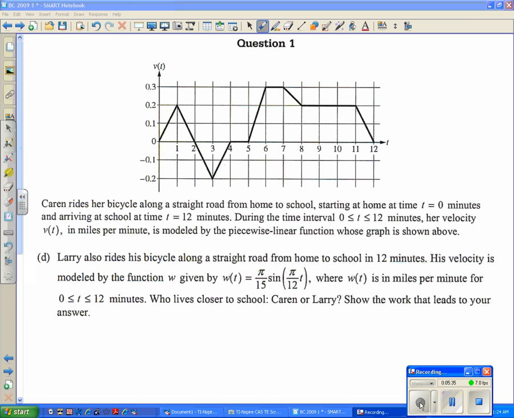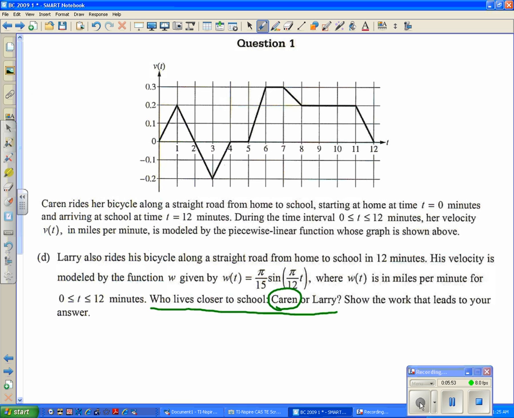Finally, in this last part of the problem, we're asked to evaluate who actually lives further or closer to school. Is it Karen or Larry? We have to be careful because in the previous work, we described the total distance traveled for Karen as 1.8.